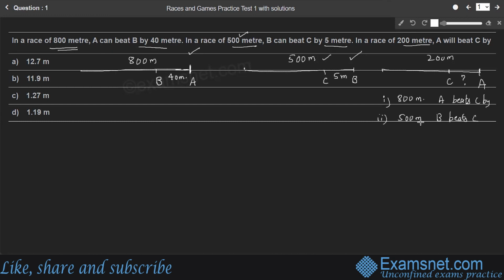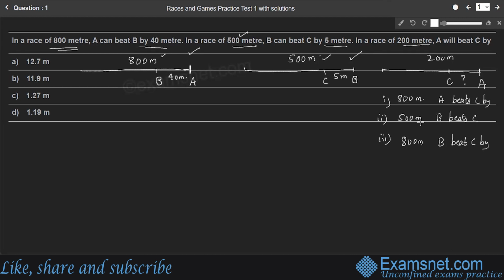So if in a 500 meter race B beats C by 5 meter, what about in an 800 meter race? B beats C by how many meters? So first we need to consider in an 800 meter race, B beats C by?